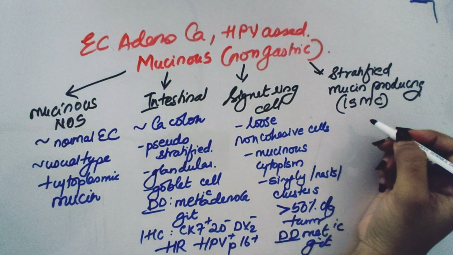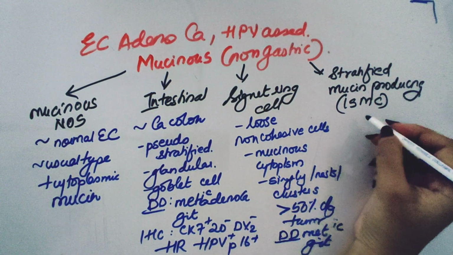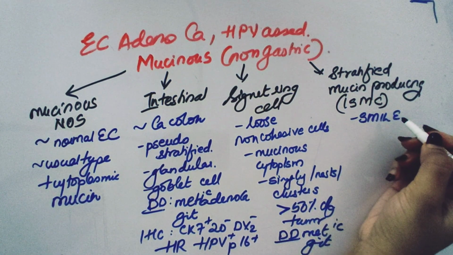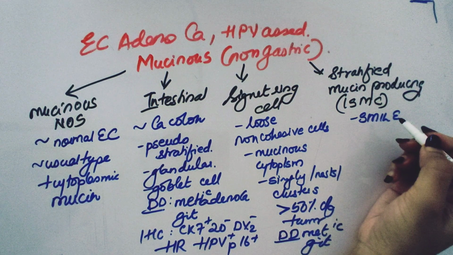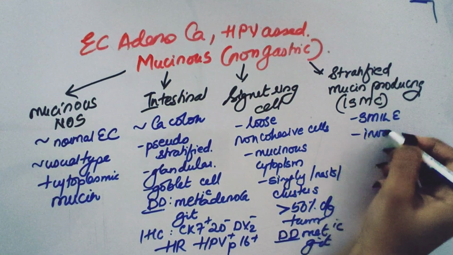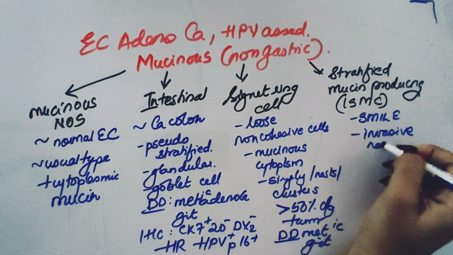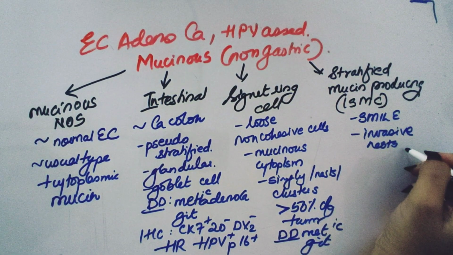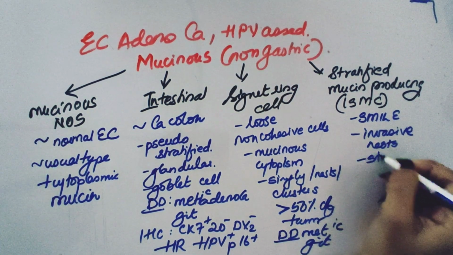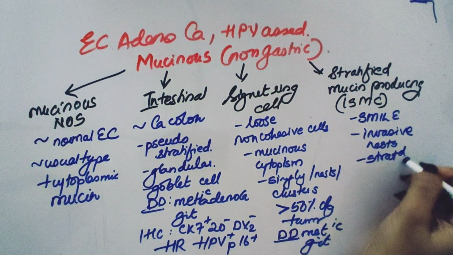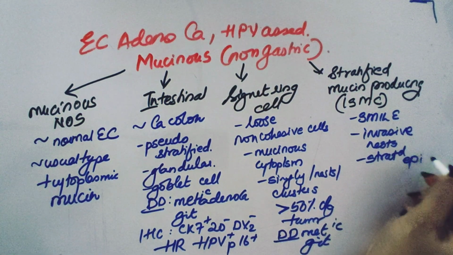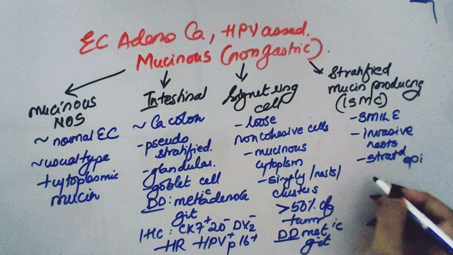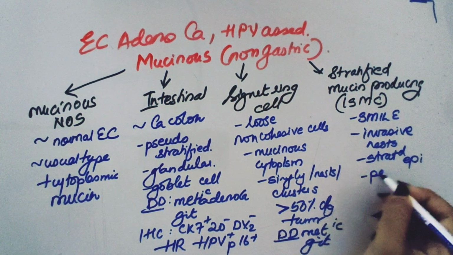Then stratified mucin producing, it is associated with SMILE. As I said, the precursor lesion will be stratified mucinous intraepithelial lesion. And then you will have invasive nests of tumor cells that have stratified epithelium, and they will obviously have intracytoplasmic mucin, and there will be peripheral palisading.